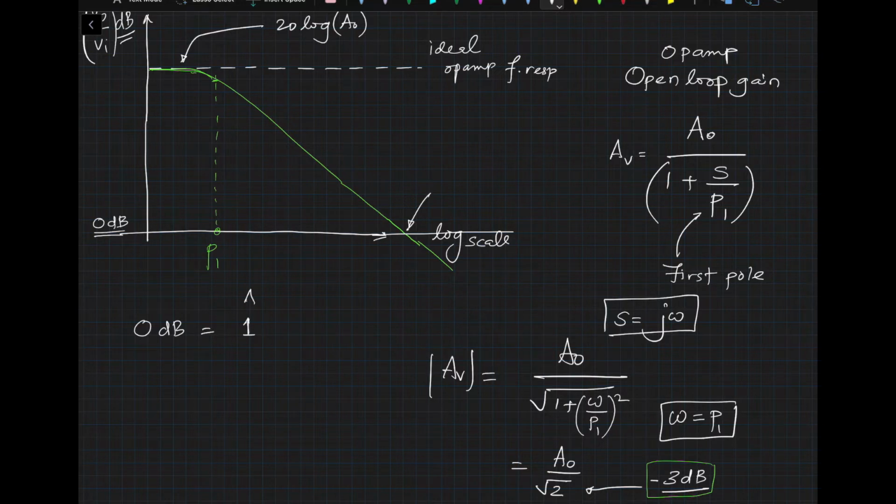That means AV is equal to 1. And this is called unity gain. And the frequency here, we can call this UGF, unity gain frequency. To keep things simple, I'm going to call this FP1.